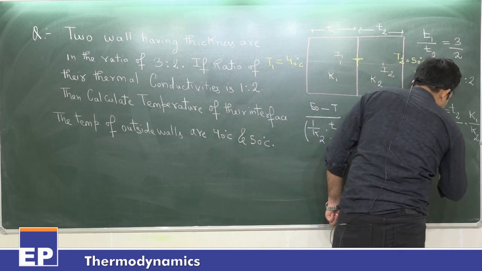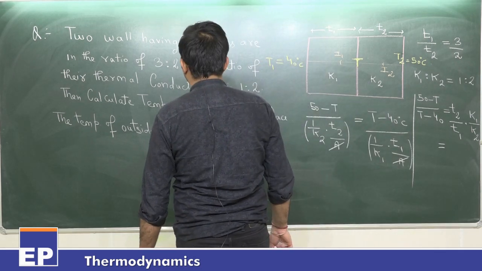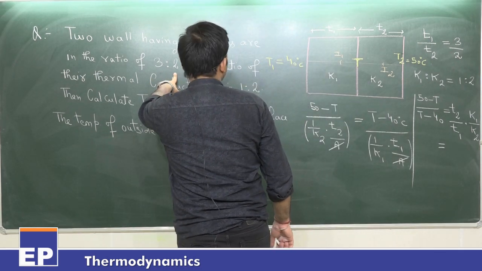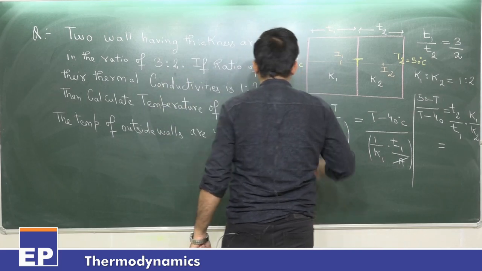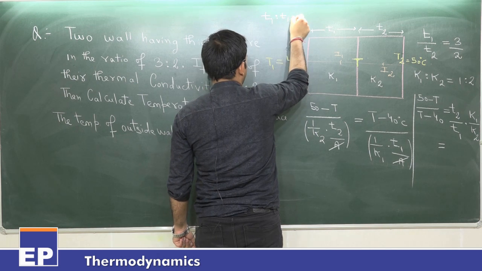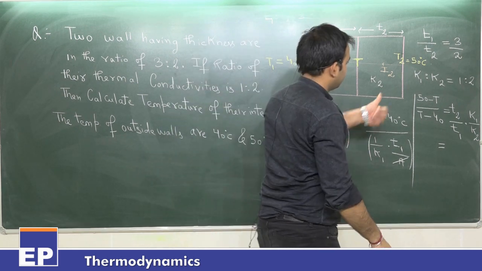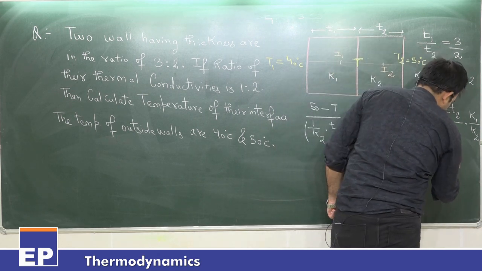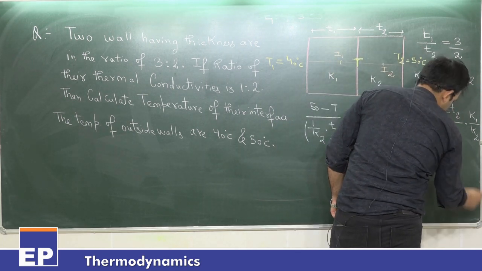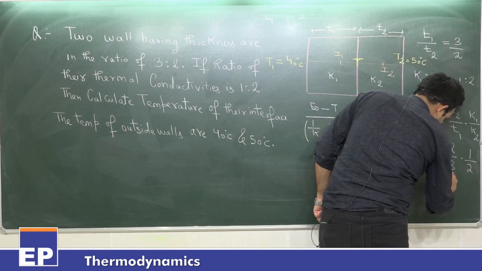Right? So what is T2 by T1? In the question we have given T1 by T2 is 3/2. We have also already written that T2 by T1 is 2 by 3. And what is K1 by K2? 1 by 2. That is 1 by 3.